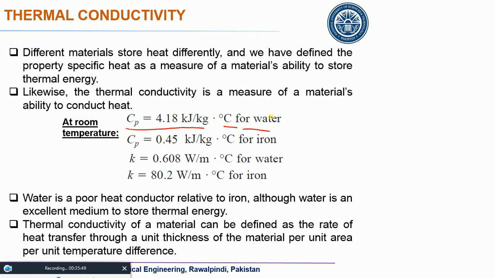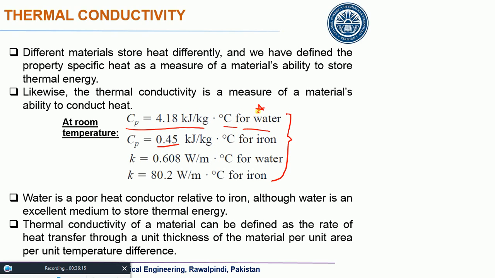There are two examples, water and iron. Cp is 4.18 kilojoule per kg degree centigrade for water, and it has a magnitude of 0.45 for iron. So which one has a better capability to store heat?